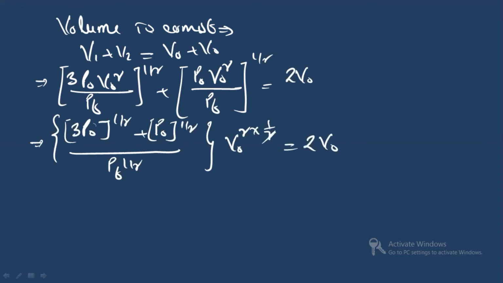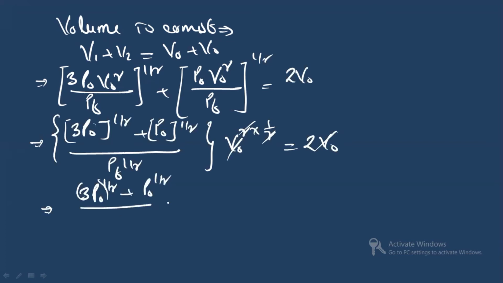Now gamma and gamma will get cancelled, so this V0 will cancel this V0. And here, this will become 3 P0 to the power 1 by gamma, this whole term, plus P0 to the power 1 by gamma.